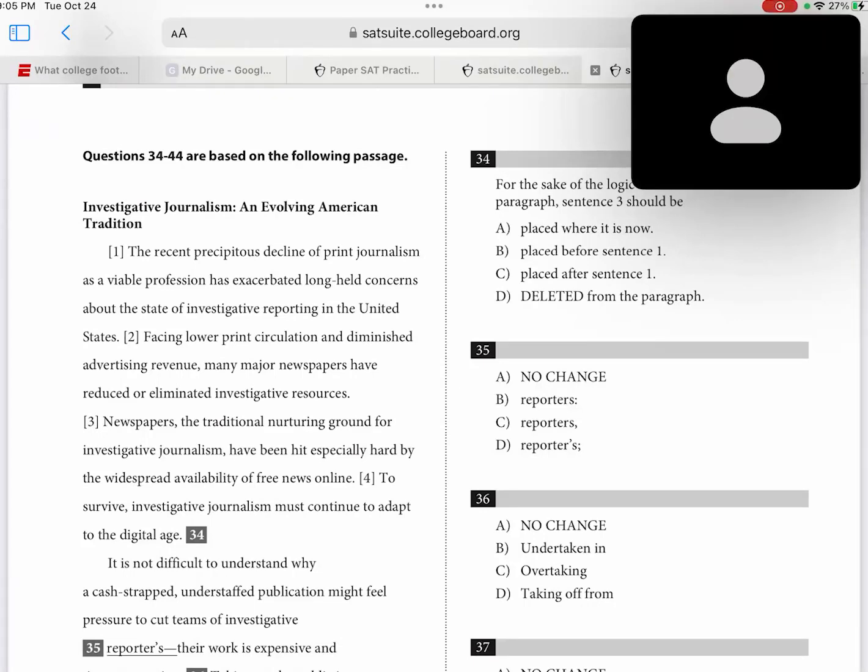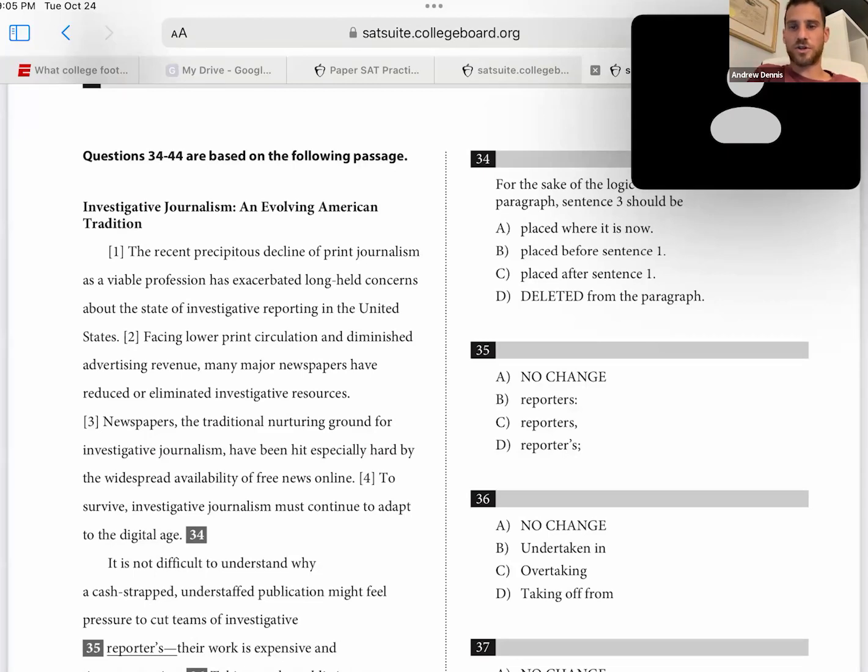Why not? Investigative journalism, an evolving American tradition. The recent precipitous decline of print journalism as a viable profession has exacerbated long-held concerns about the state of investigative reporting in the United States. Facing lower print circulation and diminished advertising revenue, many major newspapers have reduced or eliminated investigative resources.